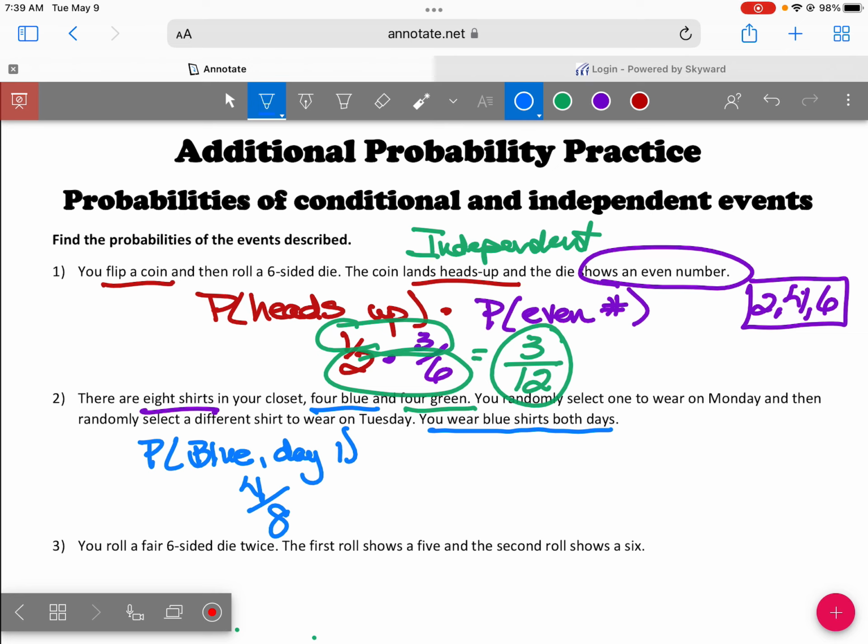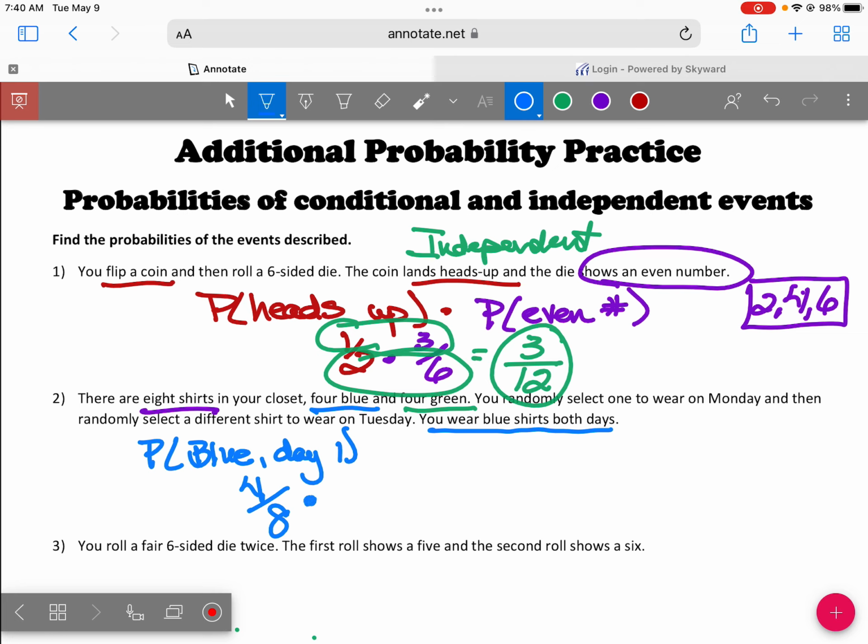Now, it says you randomly select a different shirt to wear on Tuesday. So you're wearing a different shirt. Is that with replacement or without? Like, are we putting it back in or are we not? If you wore it one day, hopefully you don't wear it a second. Sometimes I understand you have to.